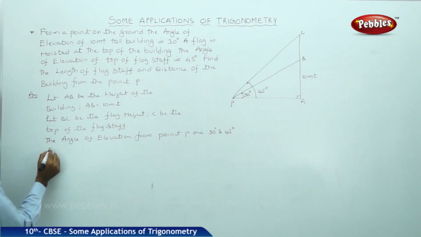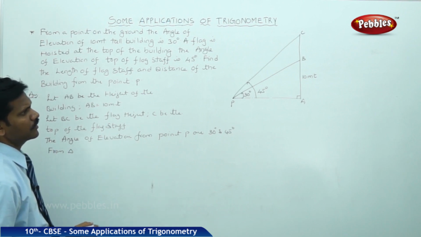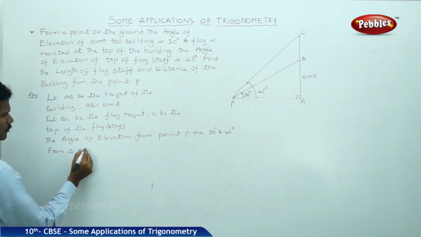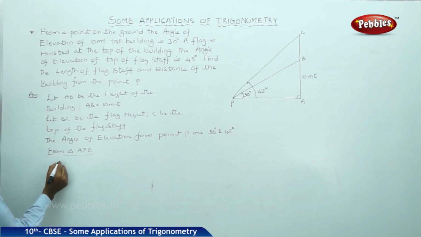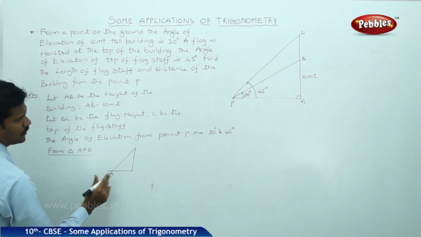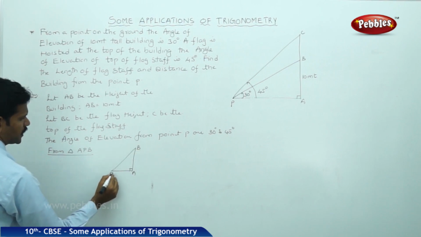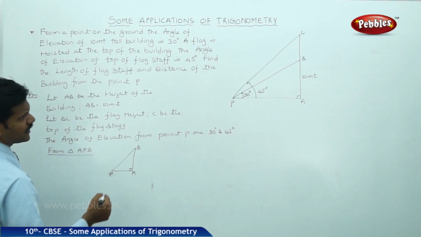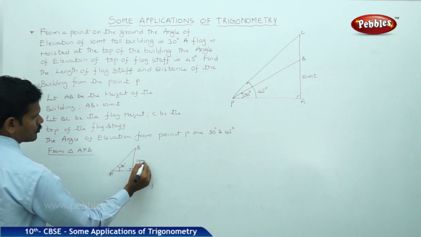Now let us consider, first consider the small triangle, triangle APB, that is A, B, P. From triangle APB, which makes an angle 30 degrees and height is 10 meters.